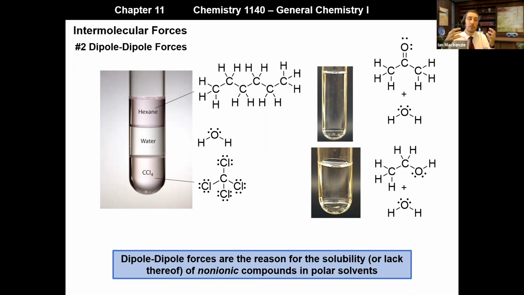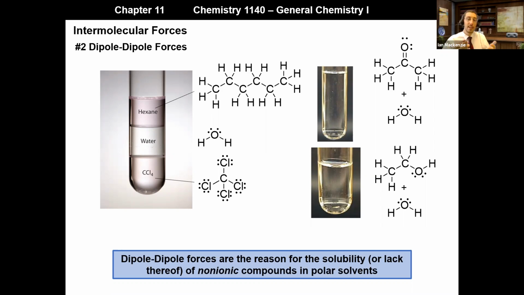And so the overall takeaway here is that it's often expressed as "like dissolves like," where what we mean is that species that have similar intermolecular forces, so dipole-dipole or something of that nature, tend to dissolve in each other or mix well with each other, whereas species that have different intermolecular forces, so dipole-dipole versus not having dipole-dipole forces, are immiscible with each other.